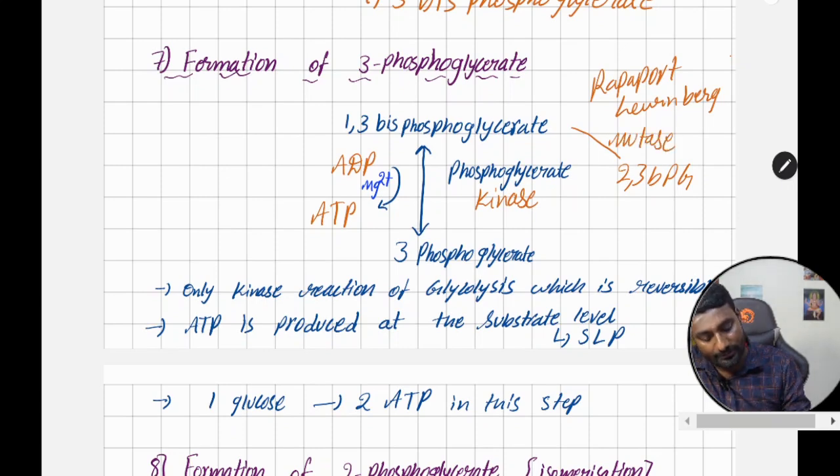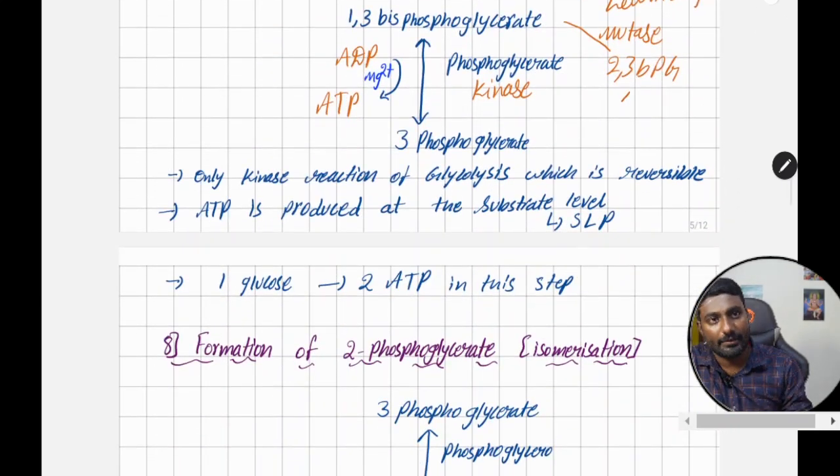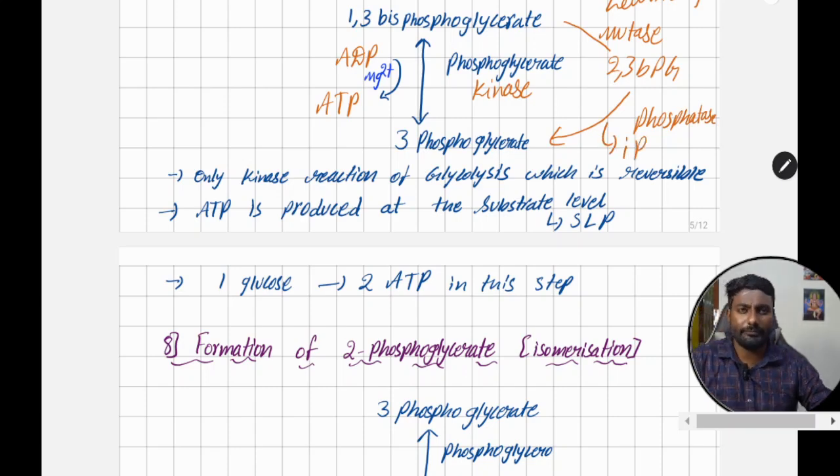Here it is mutase, phosphoglyceromutase, and this 2,3-BPG will be converting back to 3 phosphoglycerate with the help of the enzyme phosphoglycerate phosphatase. Okay, one phosphate is lost in the form of inorganic phosphate.